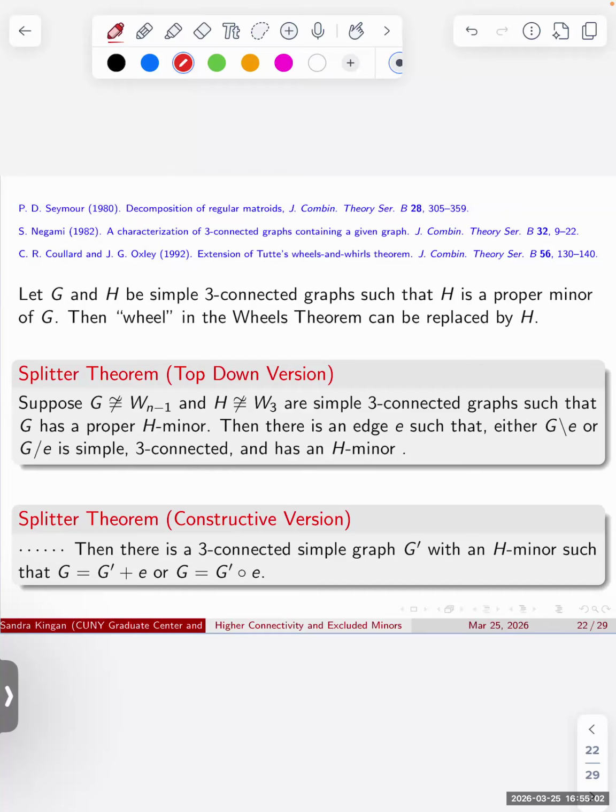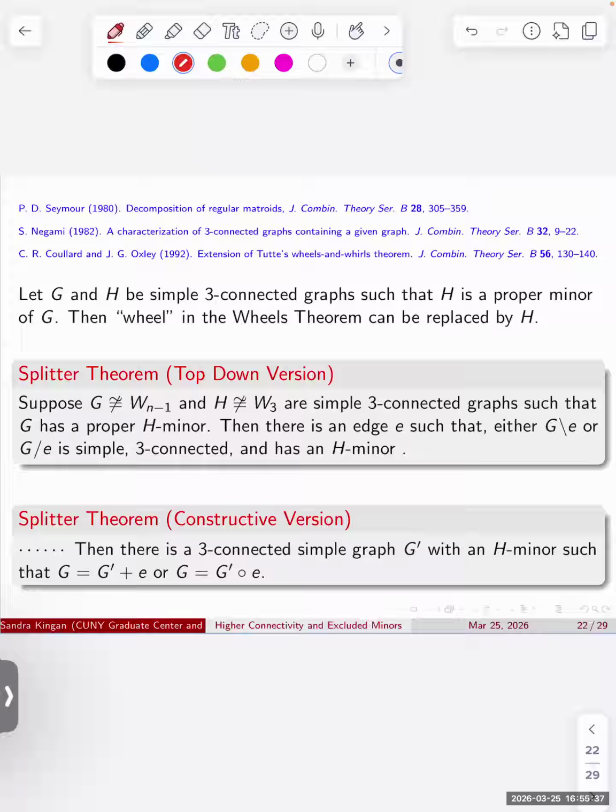So I'll pause a moment and let you read the famous splitter theorem. In this presentation, it appears in decomposition of regular matroids as a matroid result, but then 2 years later, Nagami gave a graph version of it, and I think it would be a really nice exercise for all of us to go through Nagami's proof, because if you want to see the proof of this result, you want to look at Nagami's proof, not the matroid proof.